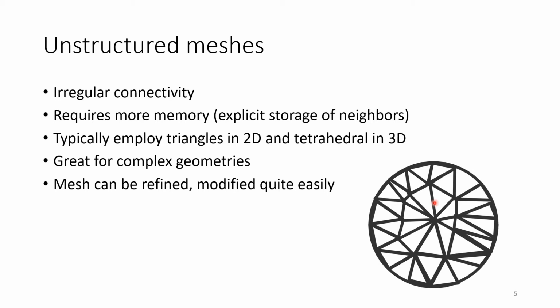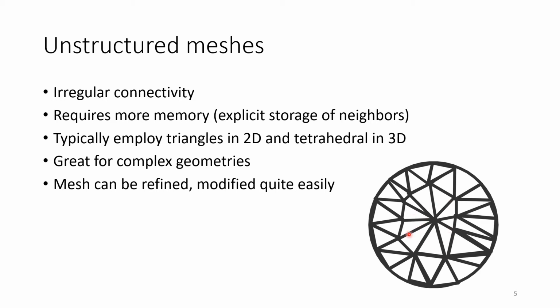If you go to a 3D simulation, you would go for tetrahedral geometries. But triangles in 2D are the most common ones, right? So if you go on the net and Google for unstructured meshes or finite element, you will usually get these kinds of triangular meshes because they are so great for complex geometries. What you can also do is easily refine it.